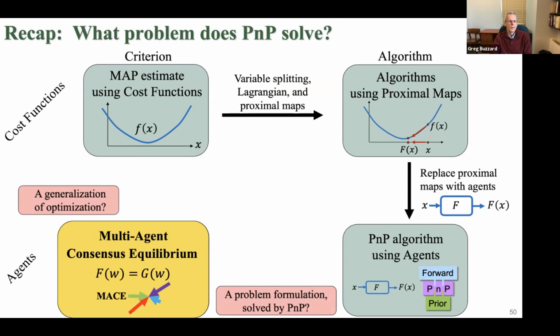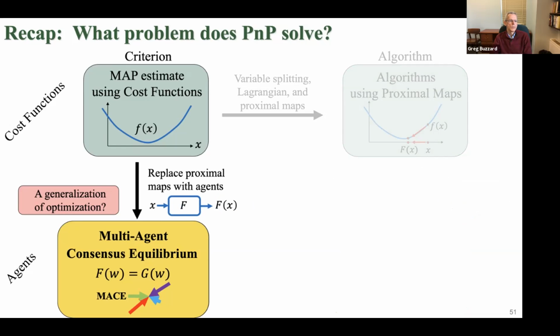Well, we still have to address these questions because we just came up with this thing a little bit abstractly by defining what we meant by consensus and equilibrium. So the question is, does this generalize this optimization framework in some way? And does the solution of plug and play give us an answer to this MACE set of equations?